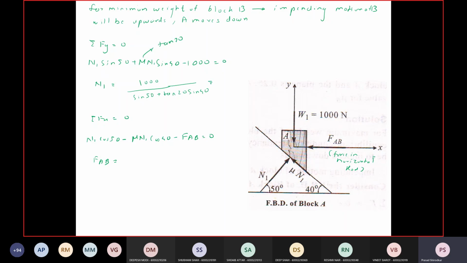The third force, that is F3, the same way. N1 is 1000 newtons, correct. All right, so substitute that in the second equation and get the value of FAB. Simply, if you have to get the resultant of F1 and F2, calculate the resultant of F1 and F2.